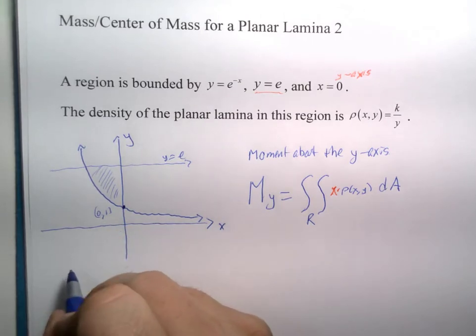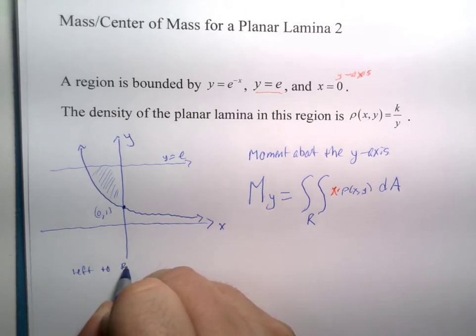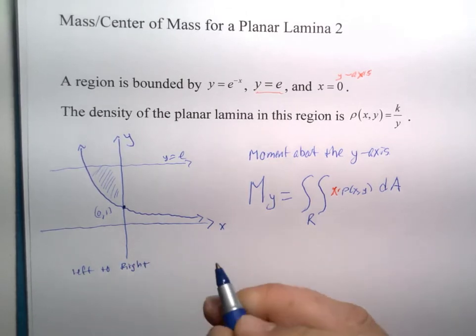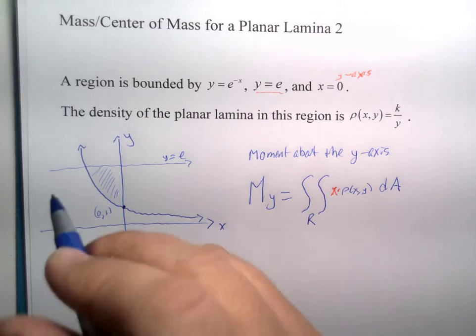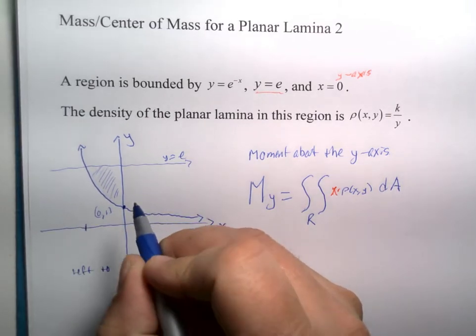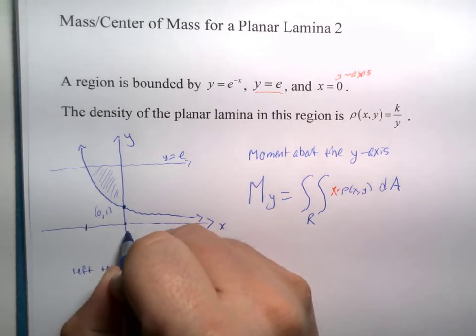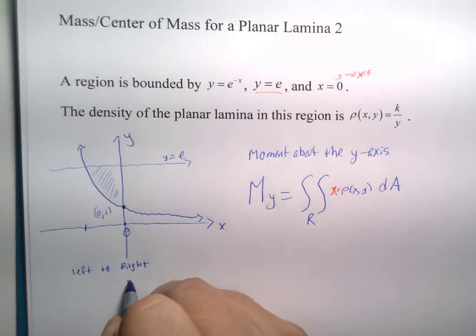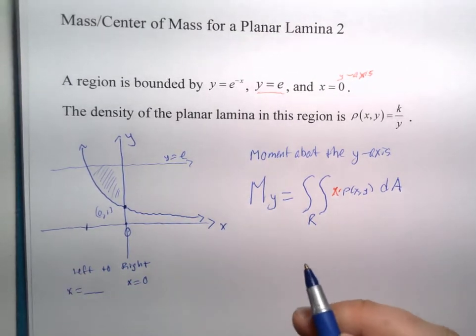If I were to look at it from a left to right sense, let's see here. The left boundary I have to determine, and the right boundary would be 0. So that'd be x equals 0, x equals question mark we have to find.